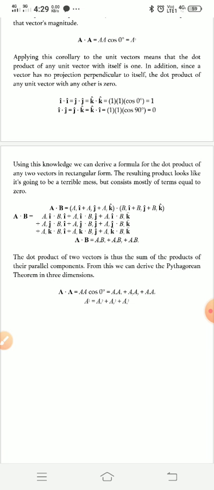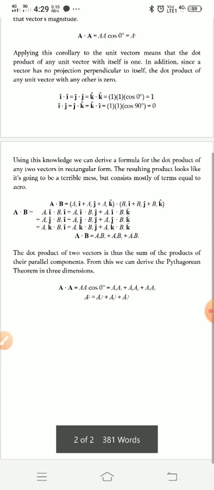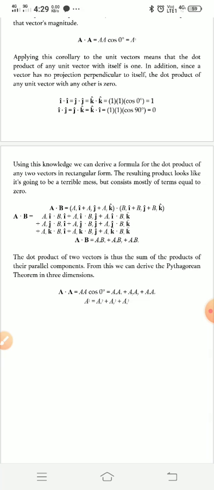So cos theta is equal to ax bx plus ay by plus az bz upon under root ax square plus ay square plus az square into under root bx square plus by square plus bz square. Using this formula, we can find angle between two vectors A and B.